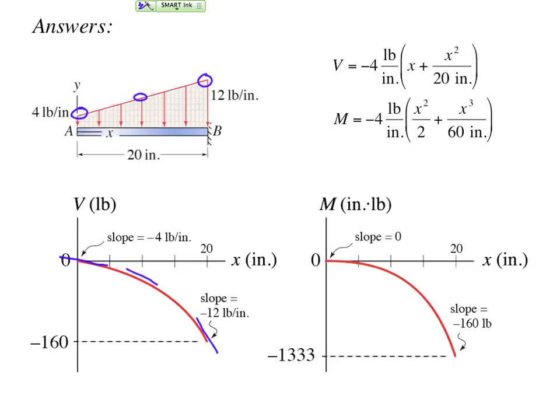M of x begins at 0, but its slope there is also 0 because v is 0 at x equals 0. Again, m of x is expected to become progressively more negative because its slope is determined by v of x, which in this case falls monotonically from A to B.